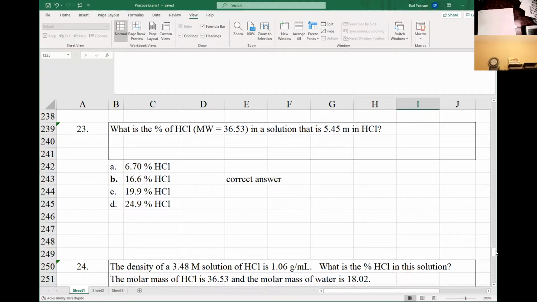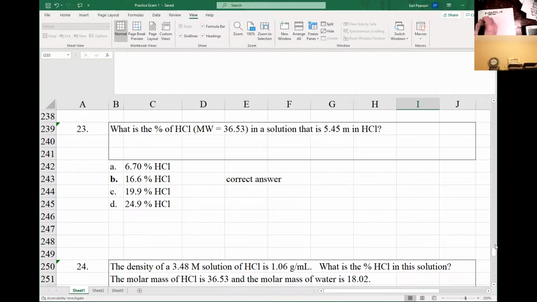Percent is the mass of the solute divided by the total mass and multiplied by 100 to get percentage.